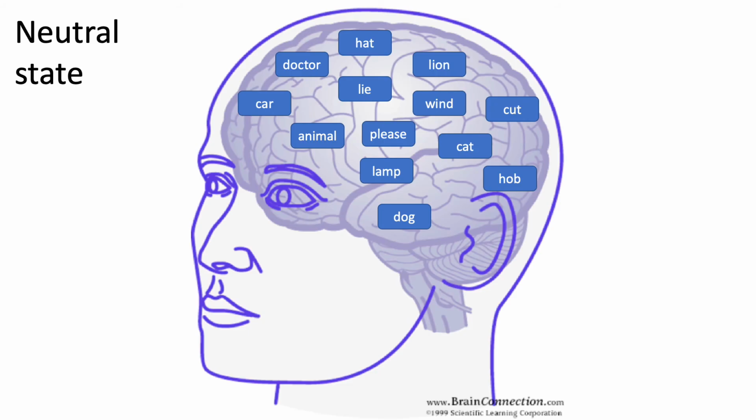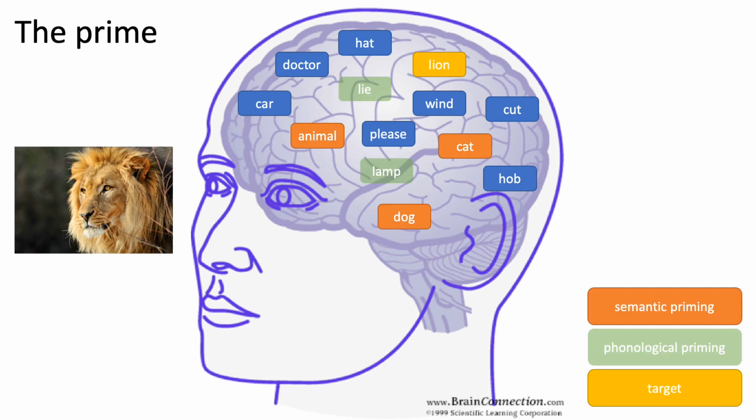You will remember that we said words are stored in the mental lexicon and they activate one another. So in a neutral state, you have all of your words in your mental lexicon without any activation.